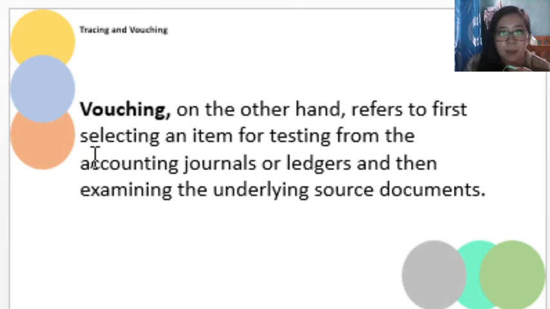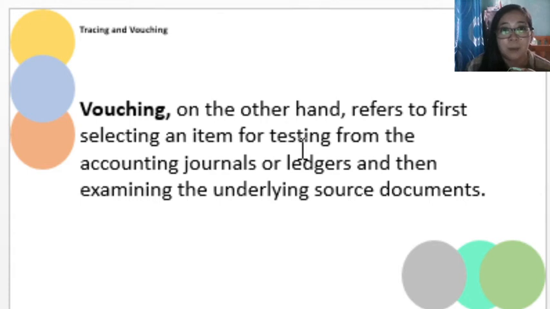What about vouching? Vouching is just the opposite of tracing. In tracing, the auditor starts from the source document to the records, whereas in vouching, the auditor will select or start from the accounting record and examine the underlying source documents for that particular record.